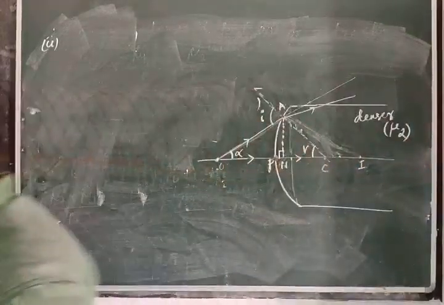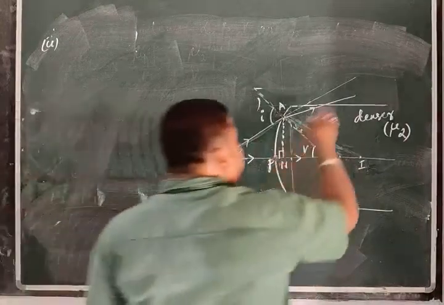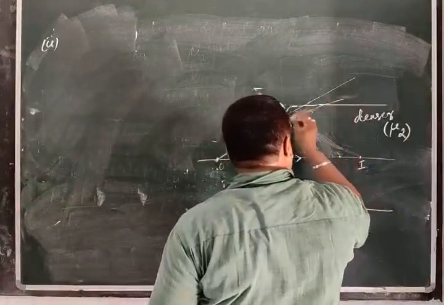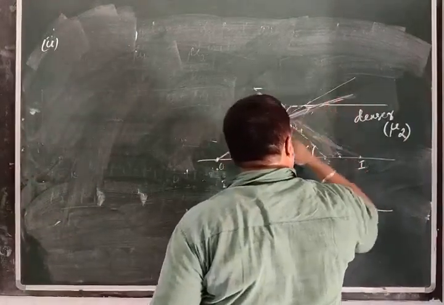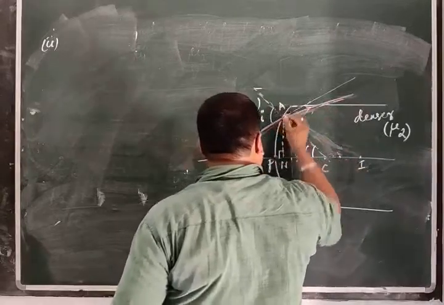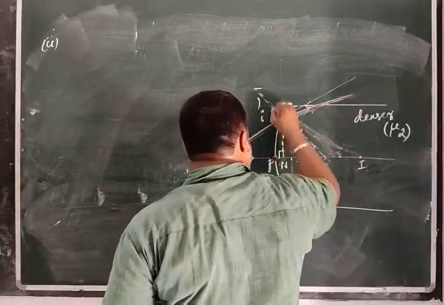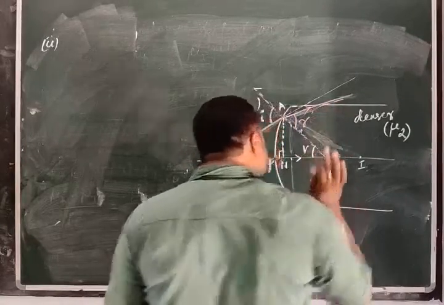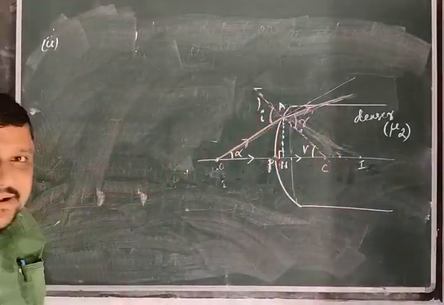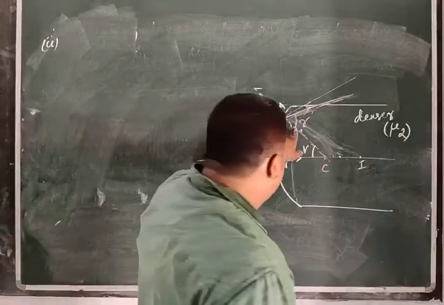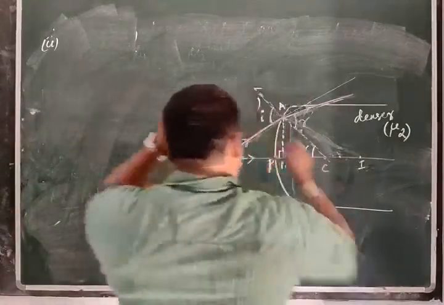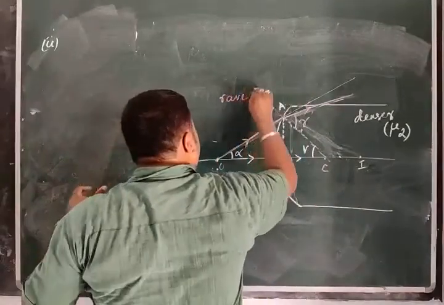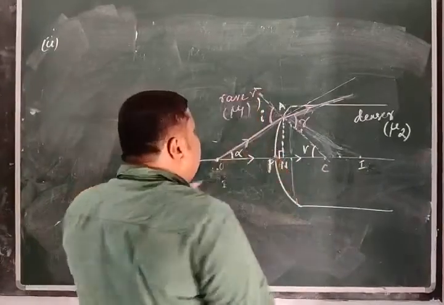This is the incident ray, and think that this incident ray is very large. So this will be the refracted ray. The ray bends toward the normal, that is true, since it is traveling from rarer to denser medium of refractive index mu1.